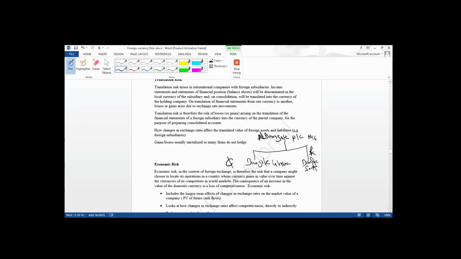Economic risk can reduce the value of expected future cash flow on international transactions.